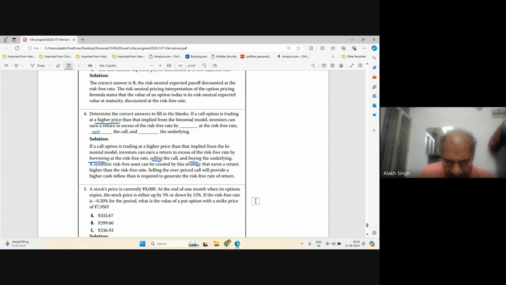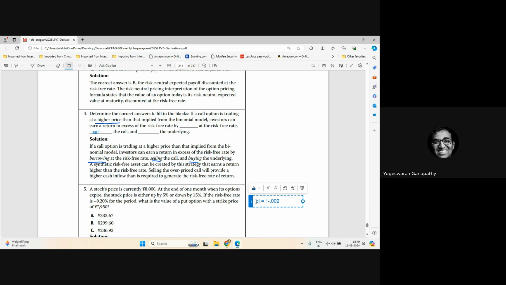What will be pi? Pi is equal to 1 plus R minus D, divided by U minus D. Here R is negative, so 1 minus 0.002. It is 0.2%, so 0.002.